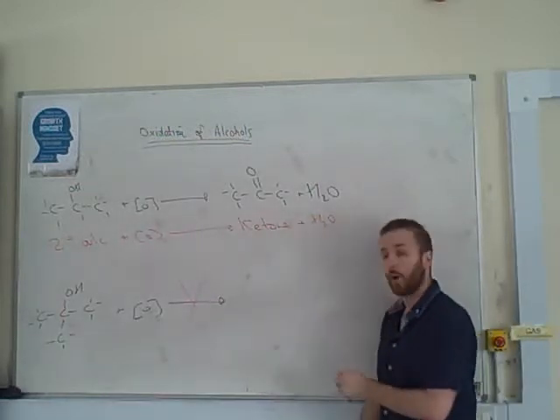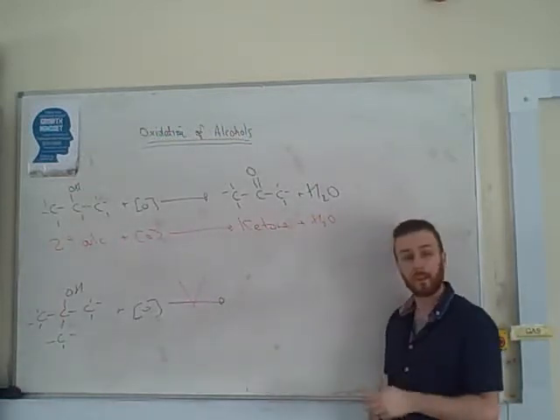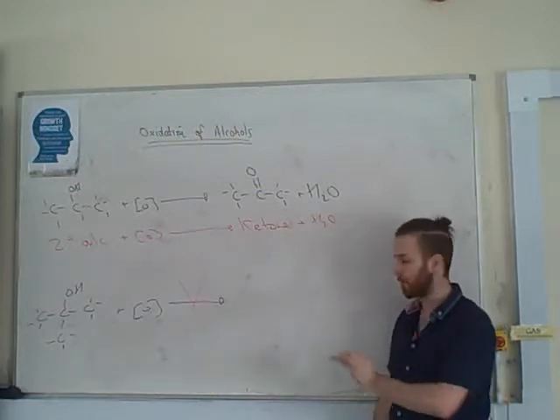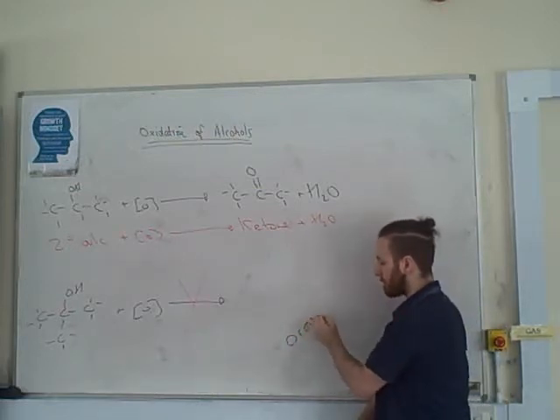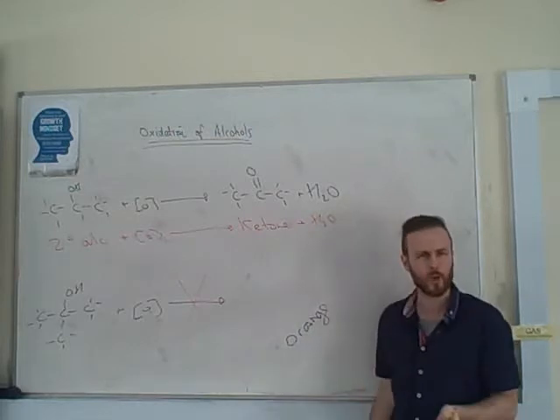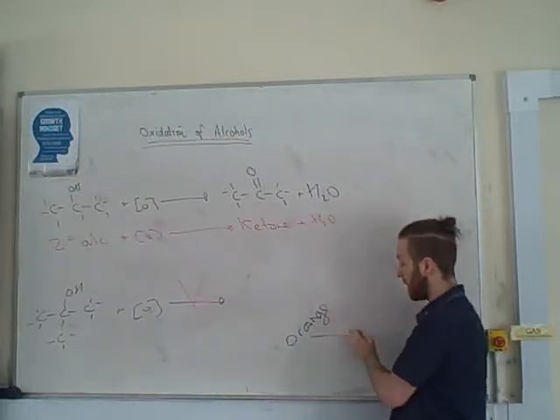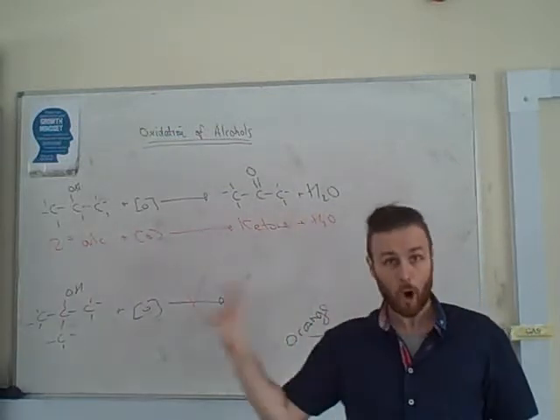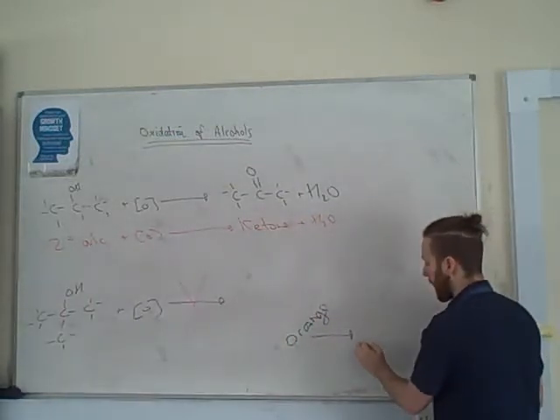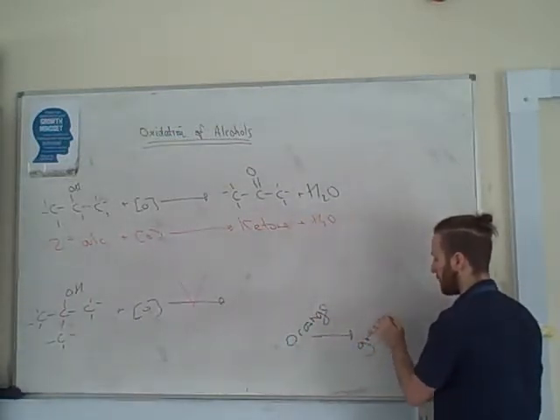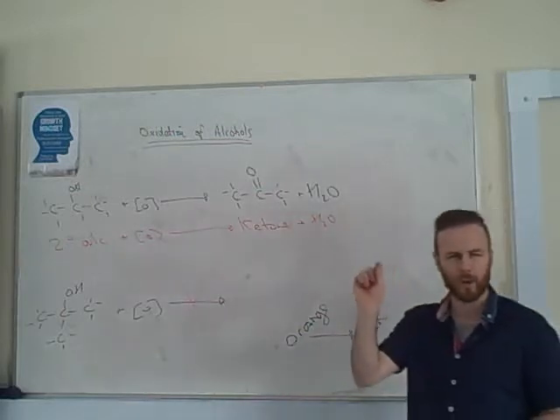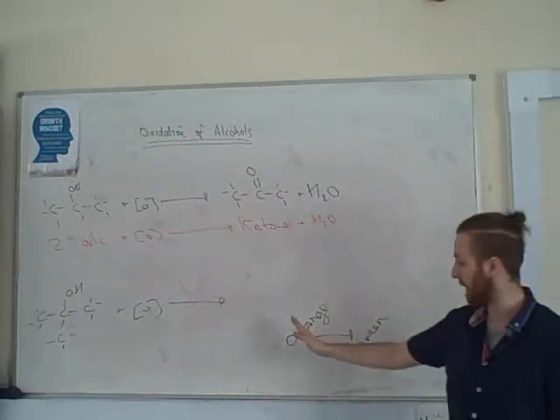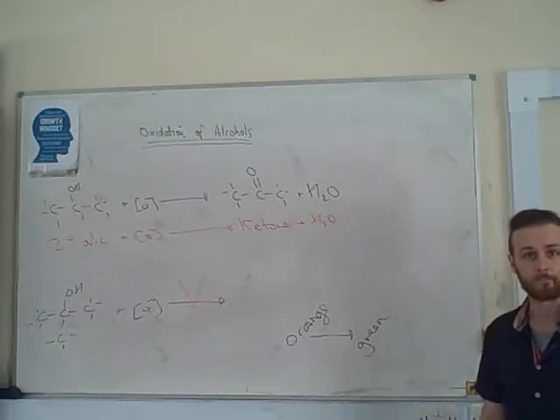The colour of your oxidizing mixture, the acidified potassium dichromate, is orange. And there's loads of videos on YouTube of that. You can type it in and see the colour change. If it does do its job, and if it oxidizes something, it will change to a green colour. Occasionally it looks slightly bluish, but the official colour change is orange to green.